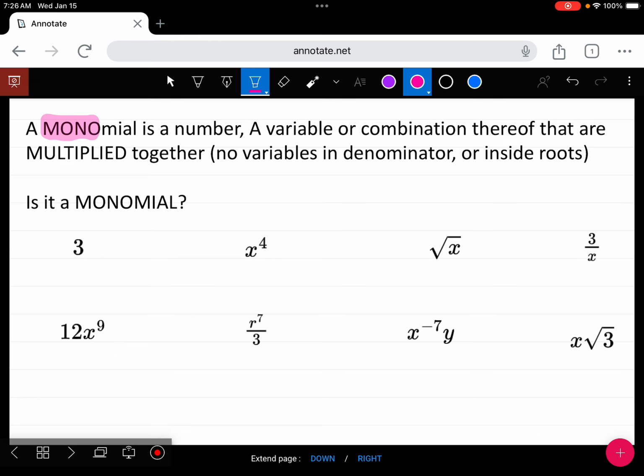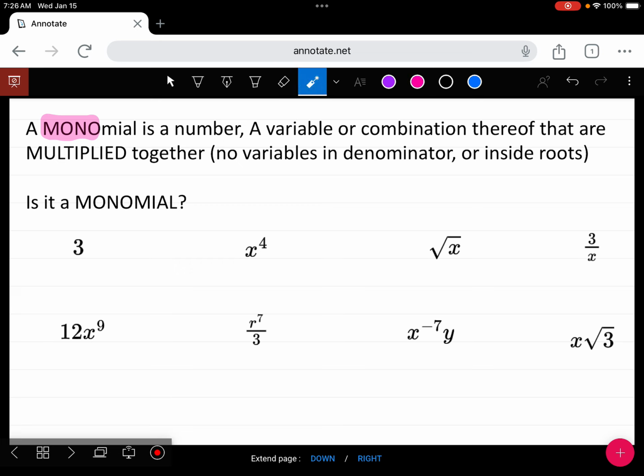Things we cannot have are roots of letters. We cannot divide by letters. So we're going to look at these examples down here and decide, is it a monomial or is it not a monomial, and how do we know what things make it wrong if it's not one?